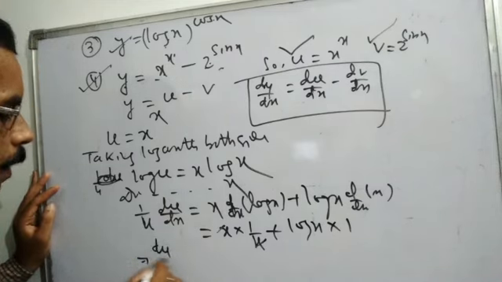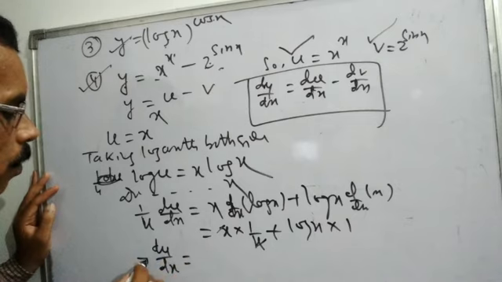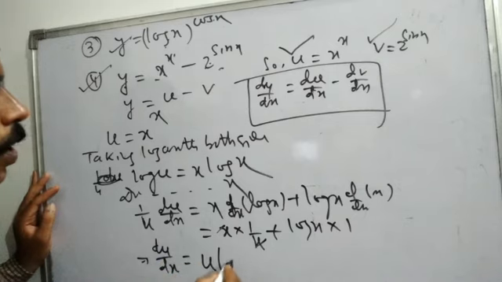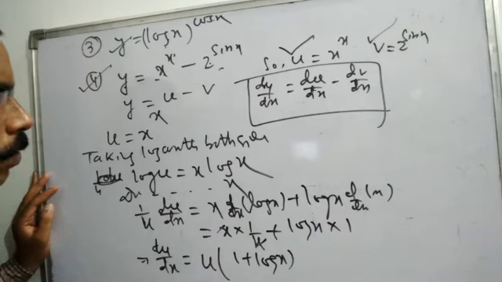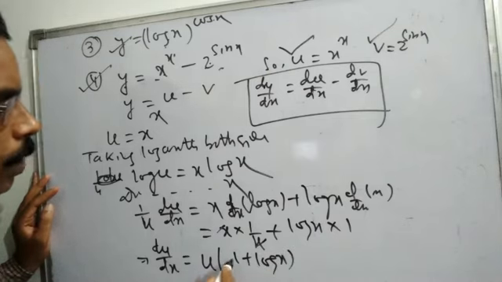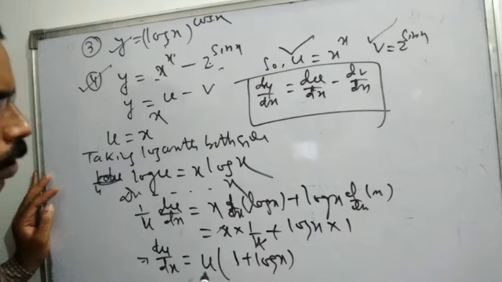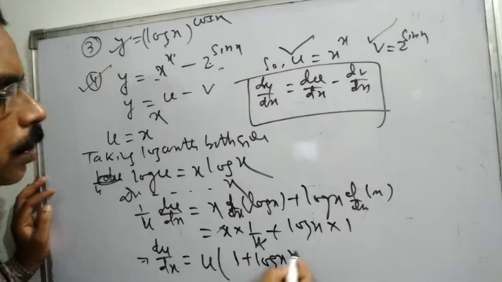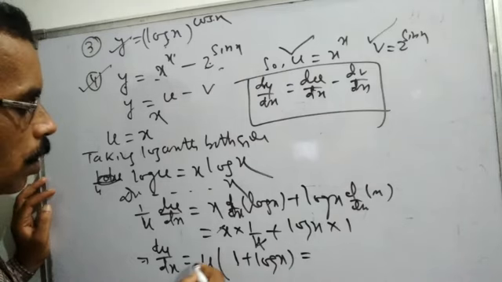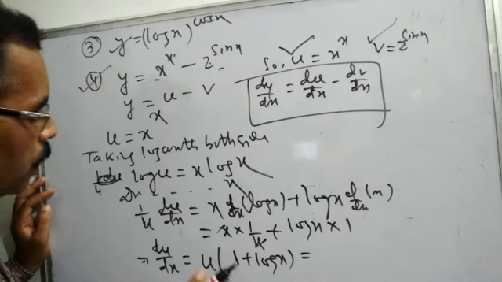So du by dx is equal to u into (1 plus log x). Further you can solve it also. In place of 1 you can put log e. We know the log e value is 1. Otherwise you can give it in this type.